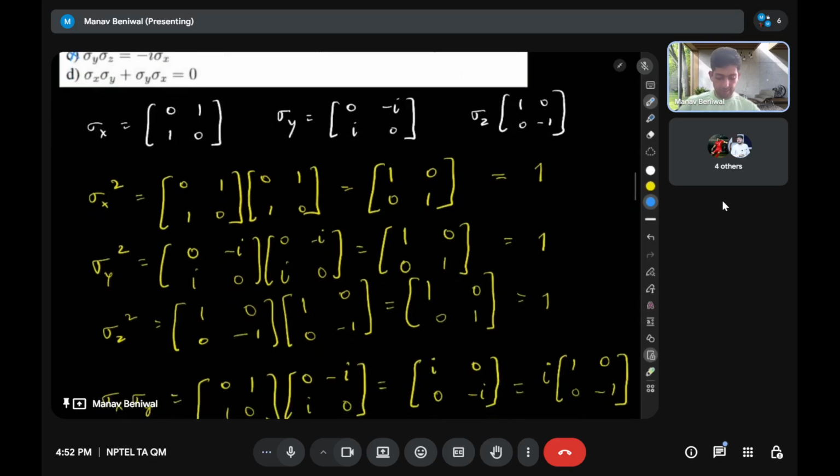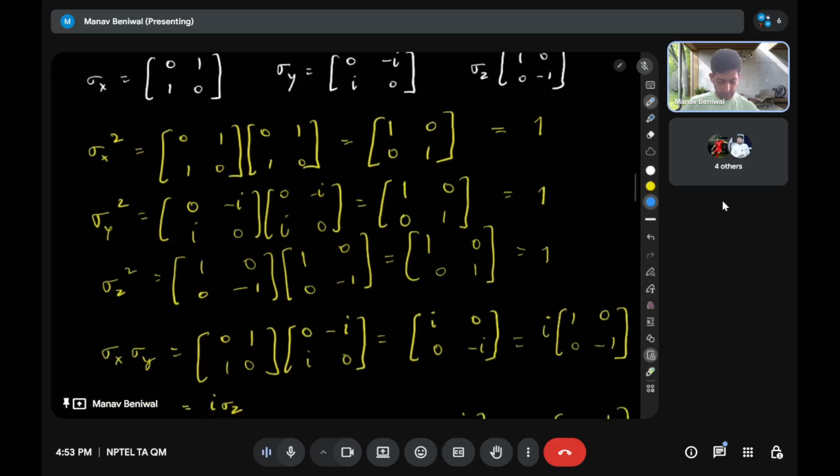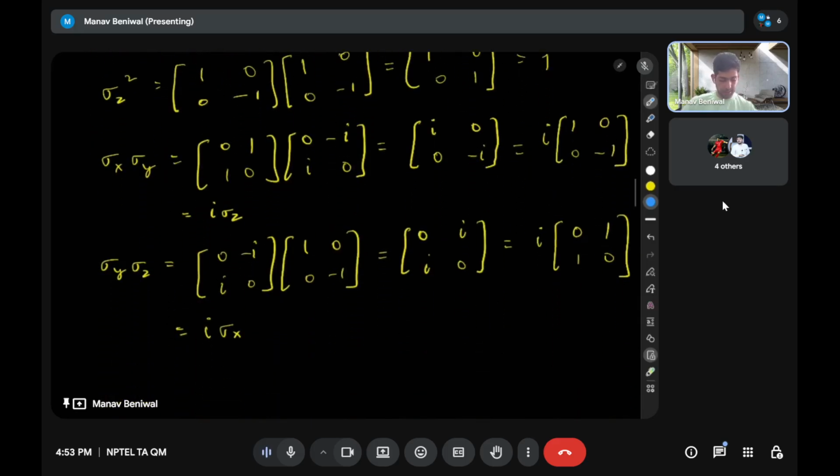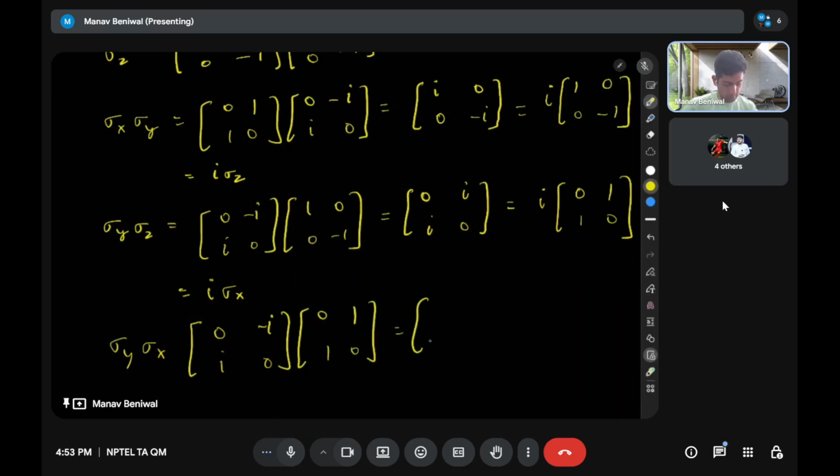And finally we have option D, sigma x sigma y, which we have already calculated. It comes out to be iota sigma z. Let's calculate sigma y times sigma x. This will be 0 minus iota and 0 1 1 0. So this is 0 and minus iota and iota and 0, so this is minus iota outside 1 0 0 minus 1.